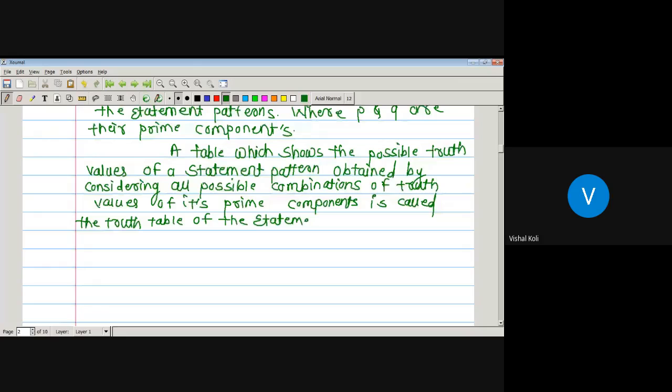So what is a statement pattern? It is a proper combination of statement letters and connectives, and a table which shows the possible truth values of a statement pattern obtained by considering all possible combinations of truth values of its prime components is called the truth table of the statement pattern.